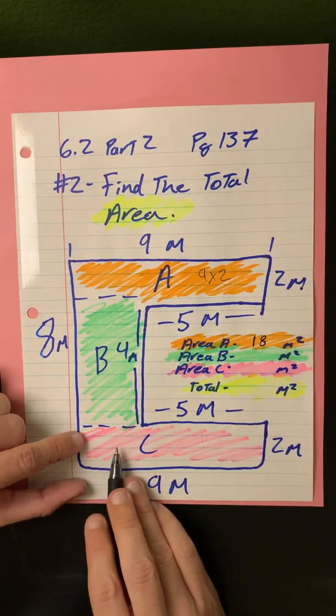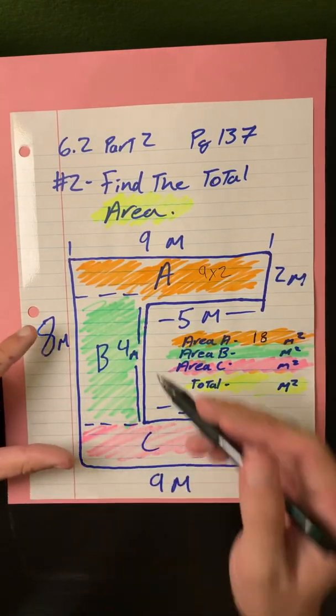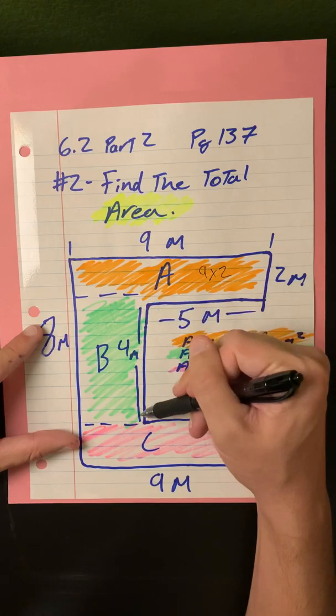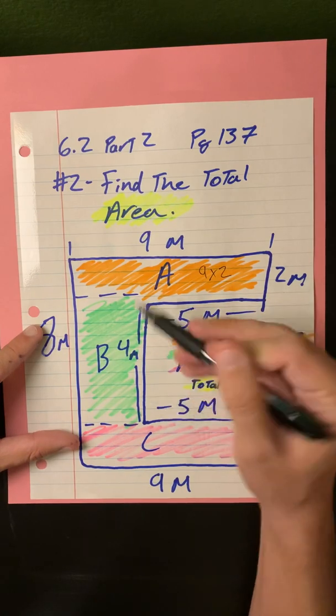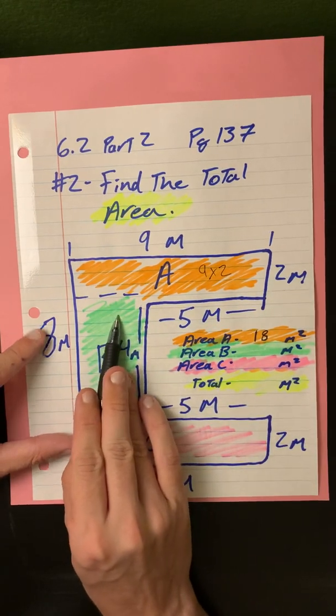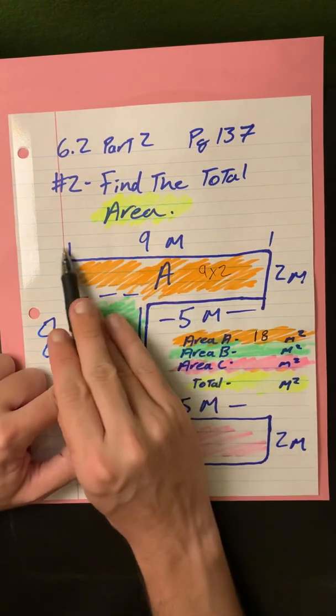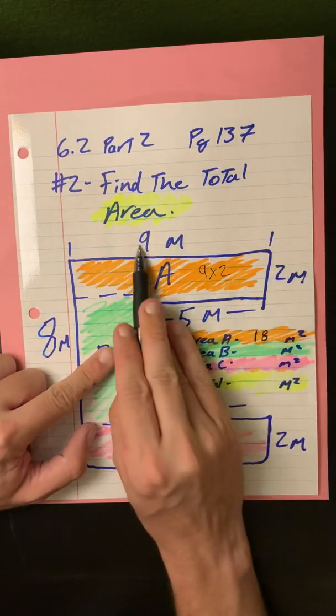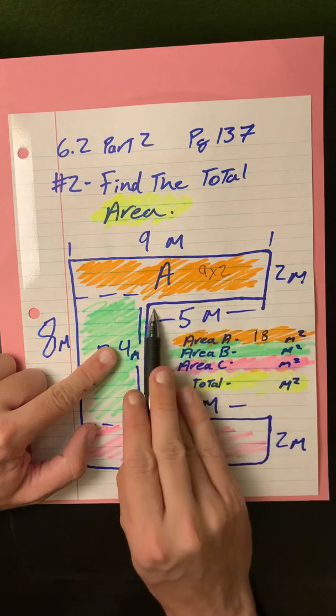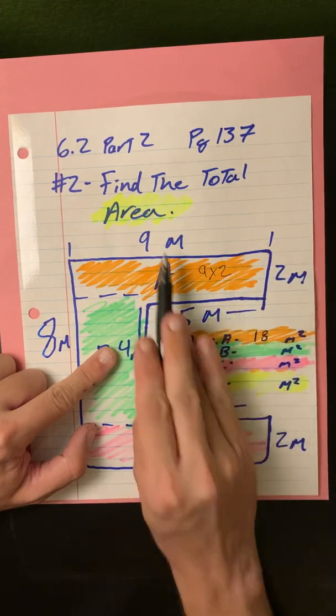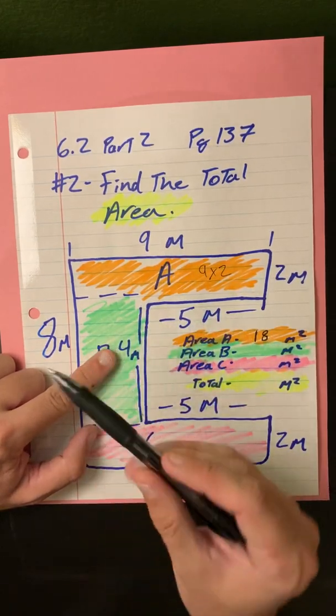Now I'm down to area B. Area B is 4 meters times my difference of my top line, 9 meters, minus this indent, 5 meters. 9 minus 5 is 4.